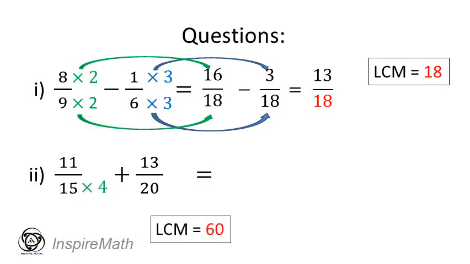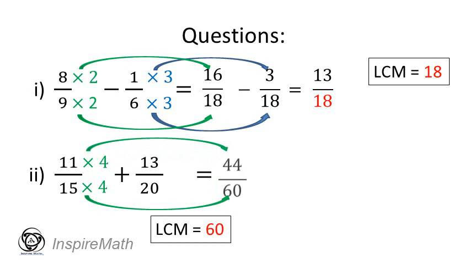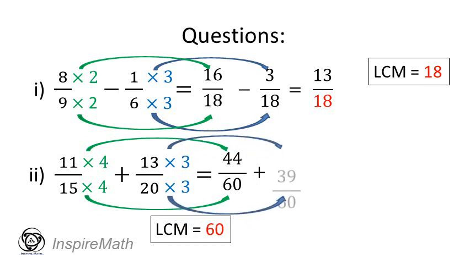So we multiply 4 to both the denominator and the numerator of 11 over 15 to get 44 over 60. Now we multiply 3 to both the denominator and the numerator of 13 over 20 to get 39 over 60. Now we add 44 and 39 to get 83, and the denominator stays the same as 60.